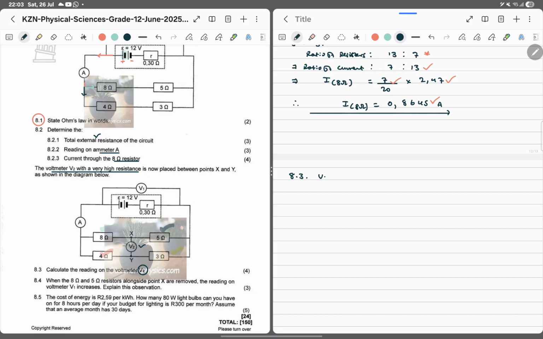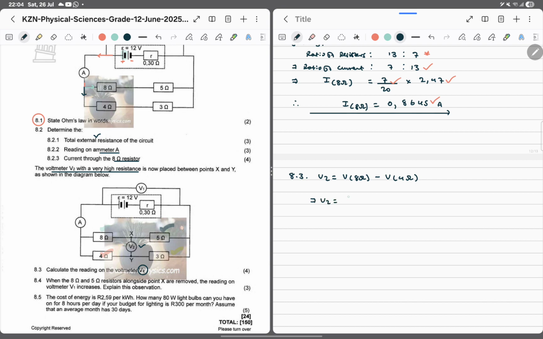So we know that V2 is going to be basically the V over the 8 ohm resistor minus the V over the 4 ohm resistor. But then we're not sure which one is going to be bigger, but the bigger one is going to subtract the smaller one. So I'm not sure what's cooking there, but we're going to just go for it.